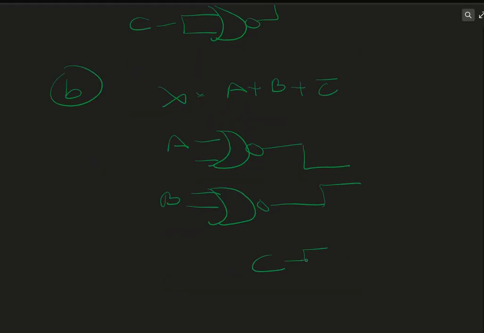Why would I want to put 3 gates? So I just want to put C directly into the equation. It's gonna be the same.